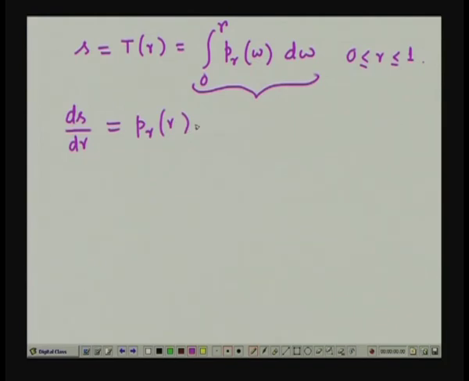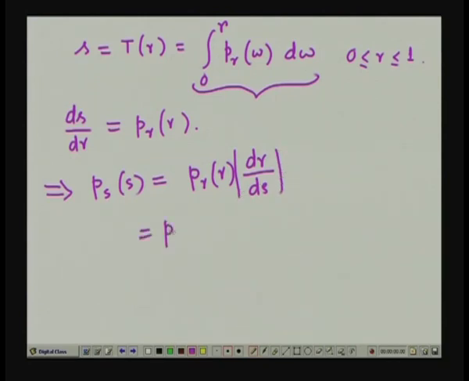So, by substitution in our earlier expression, you find that P_S(s), as we have said, is nothing but P_R(r) into dr/ds. This we have said earlier, this is obtained from elementary probability theory, and in this particular case this will be P_R(r) into 1 upon P_R(r), which will be equal to 1.